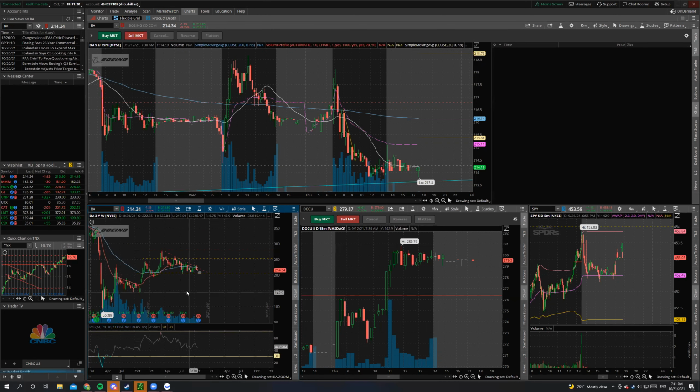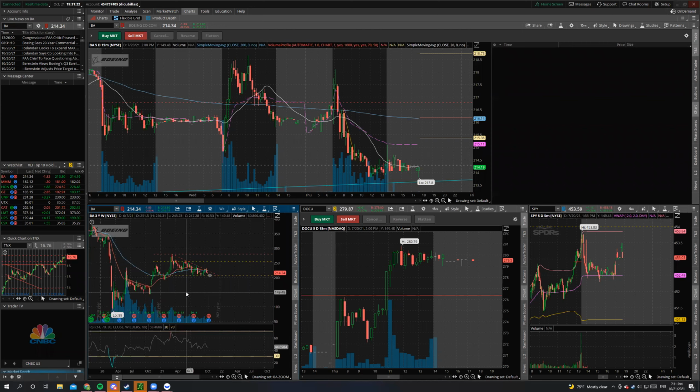Now, if you want to take a look at it in a different kind of way, you have to clear your clutter and see what the rest of the chart can tell you in a different way. You have to have different opinions on it, right? Create a new drawing set. Zoom.